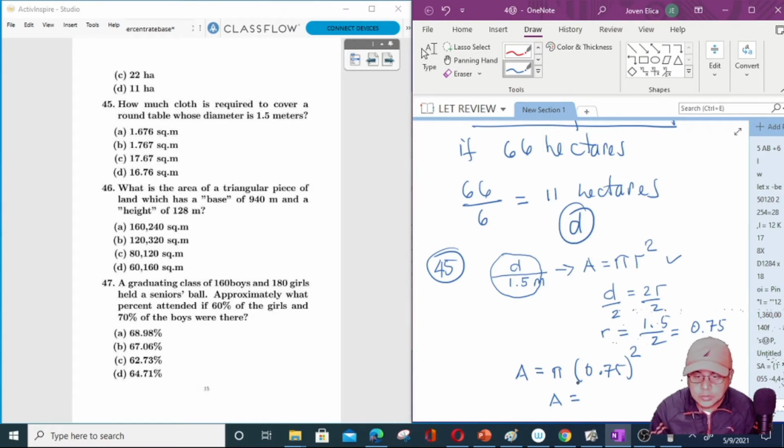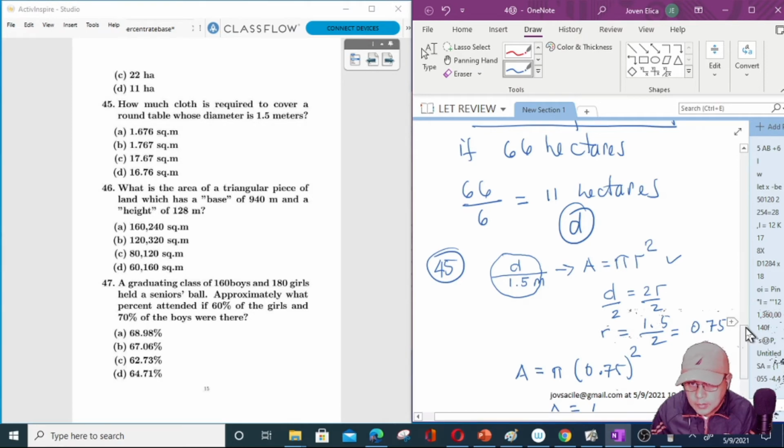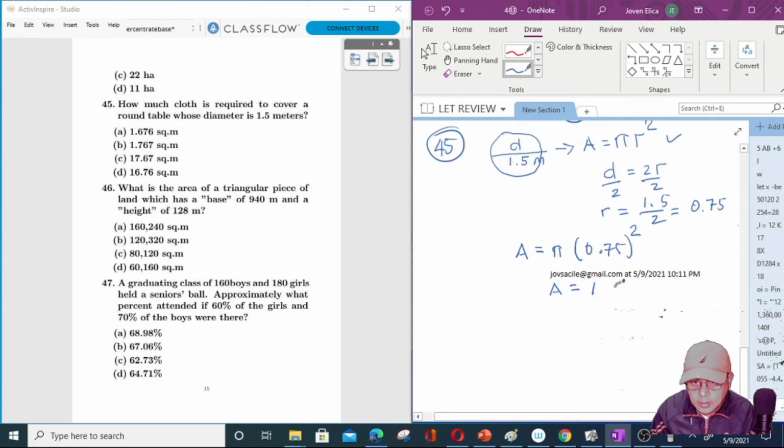This is equal to 1 point, sorry, 1.767 square meter.